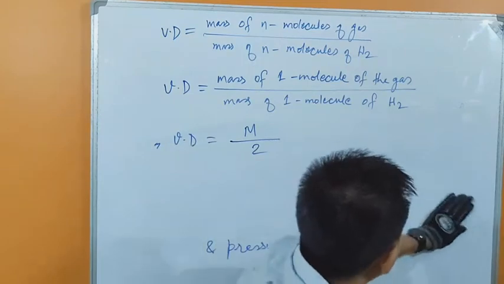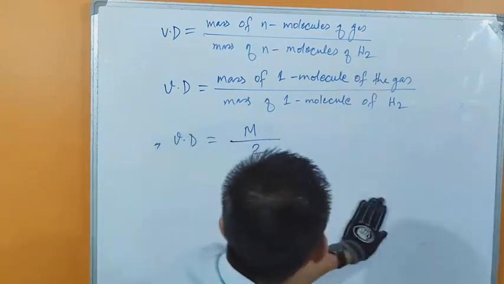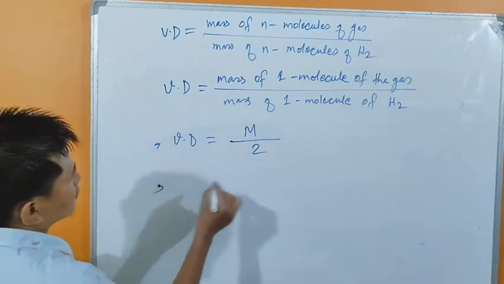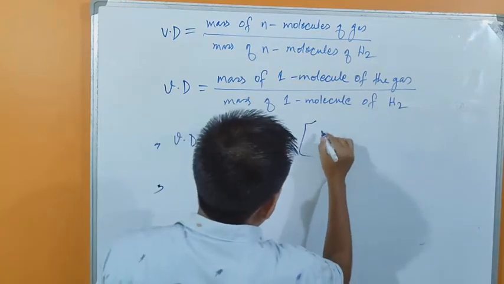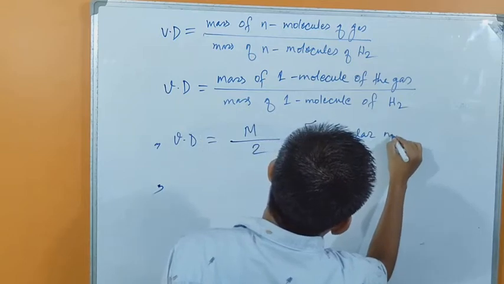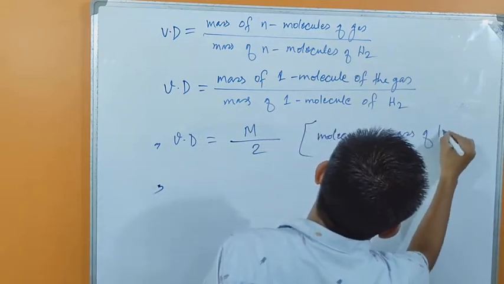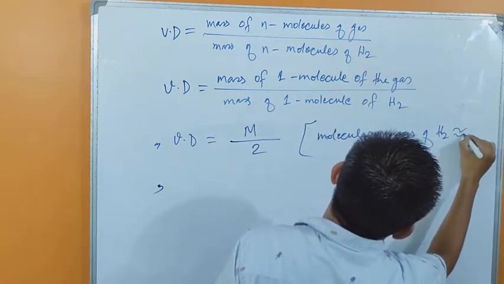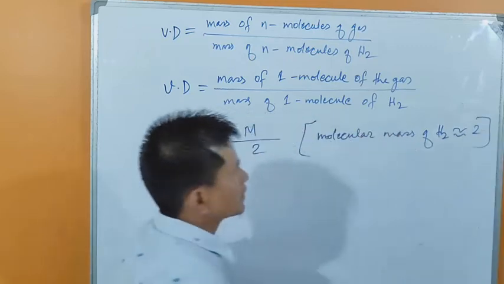So now let's write: molecular mass of hydrogen is nearly equal to 2. You can say 2.